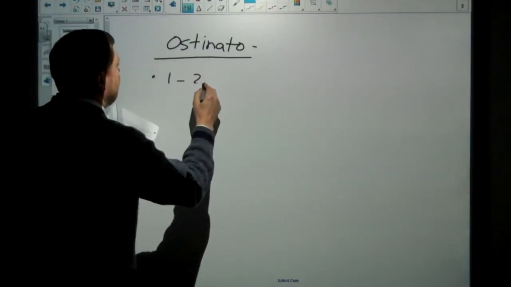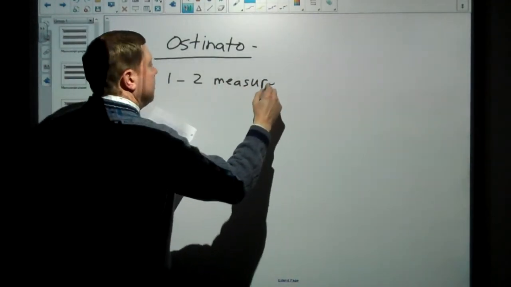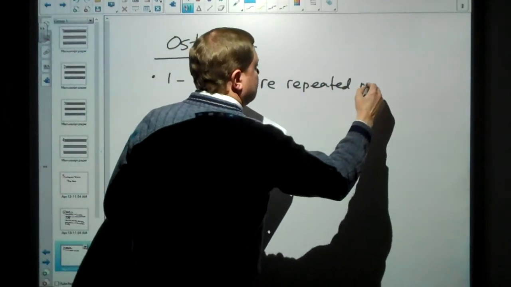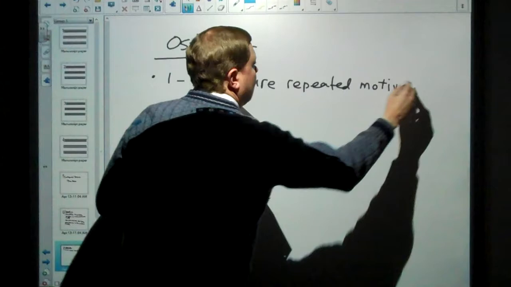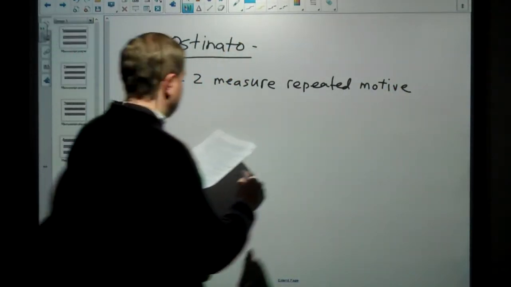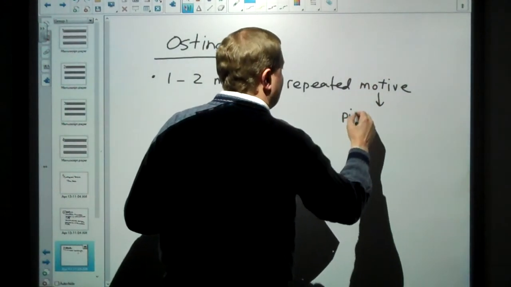Okay? It's usually a 1 to 2 measure repeated motive. And again, when I talk about motive in this case, I'm referring to a pitch and a rhythmic pattern. So we'll just write that in here.